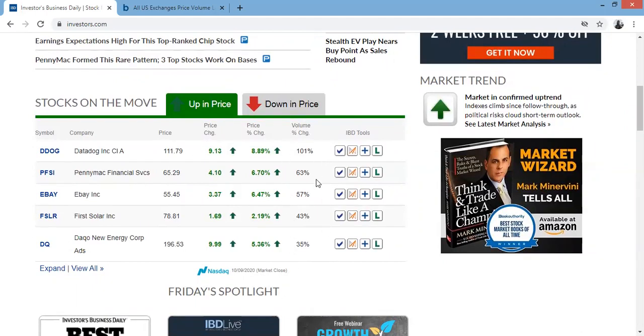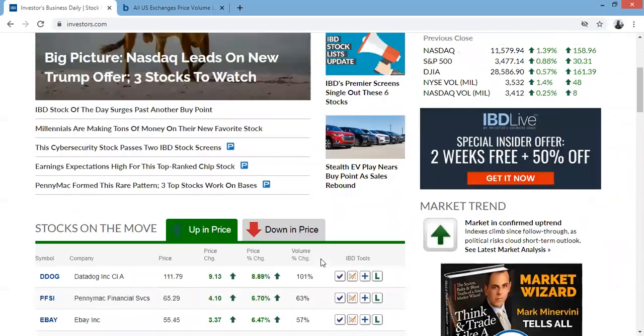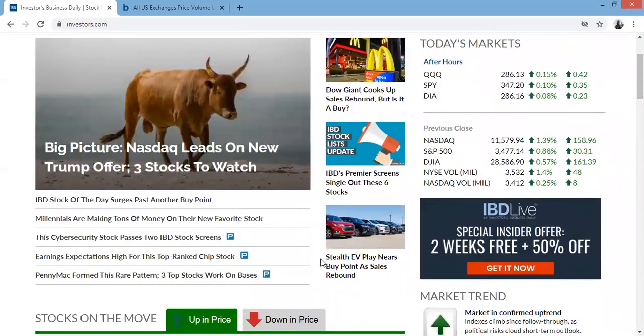And this is what you're looking for when you're looking for stocks that are going up that you want to invest in. Now, you still can subscribe to this website for free, and they even have articles that they'll send you once you subscribe to their site that will give you a better understanding of what these companies do and their competition.